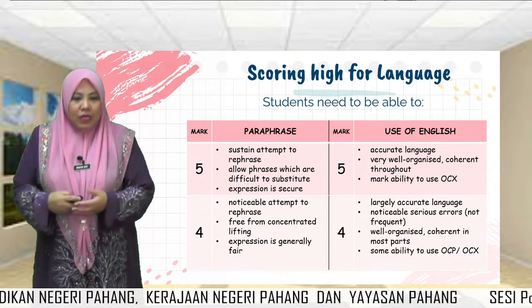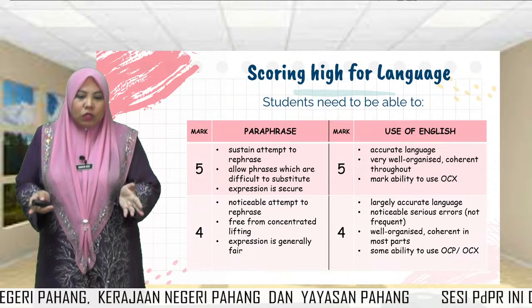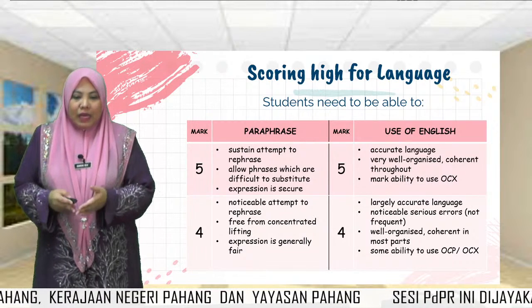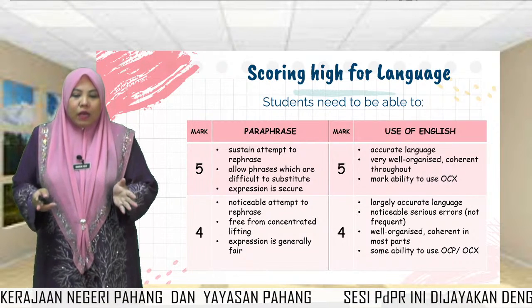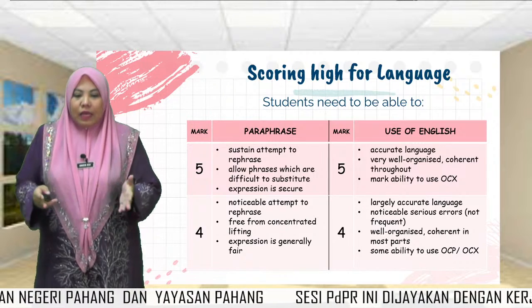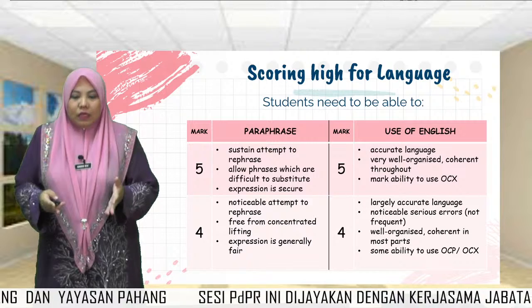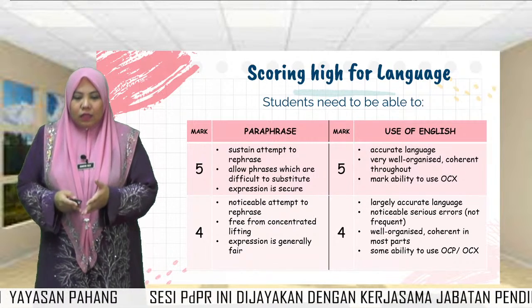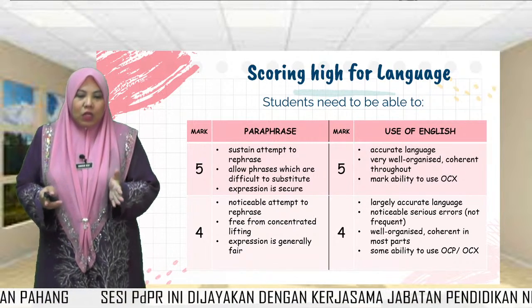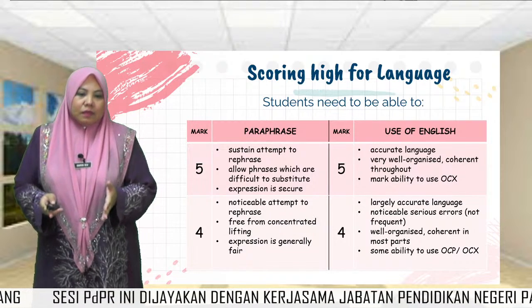As for use of English, students need to be able to use accurate language, points that are very well organized and coherent throughout, marked ability to use OCX, which is original complex sentences.